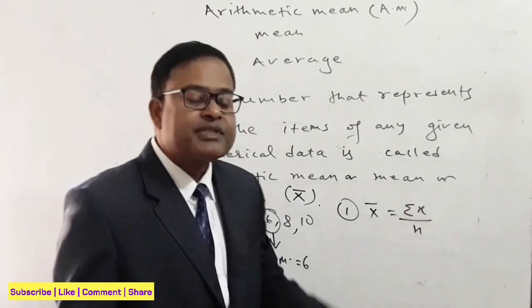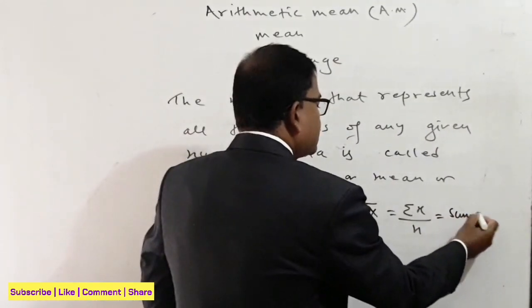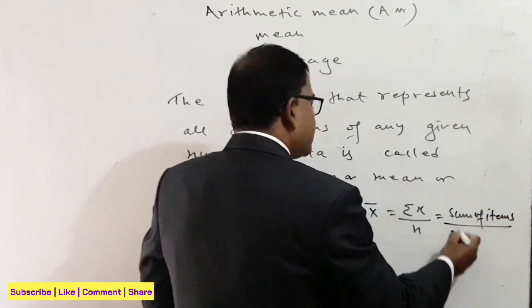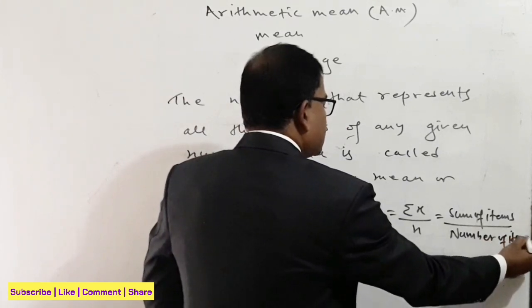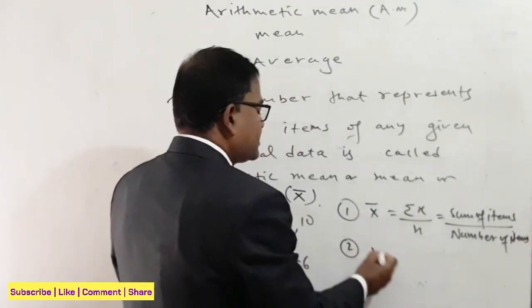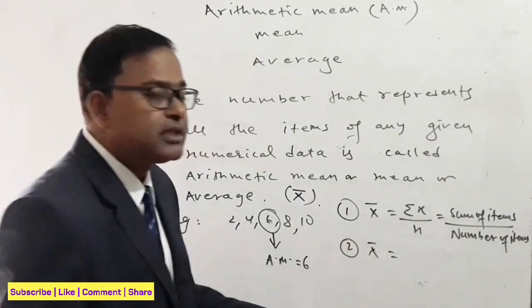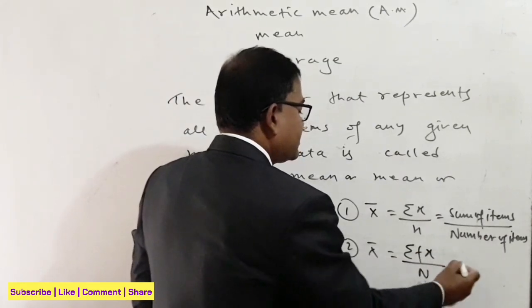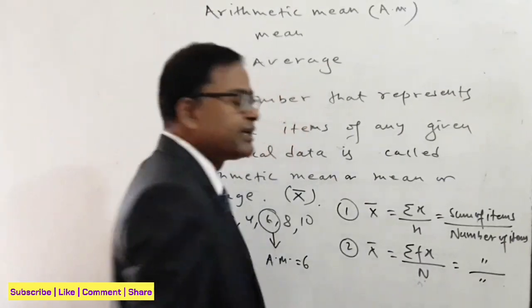That means sum of items divided by number of items. And the second formula which we need in class 8 is X bar is equal to summation Fx divided by n. This is also sum of items divided by the number of items.